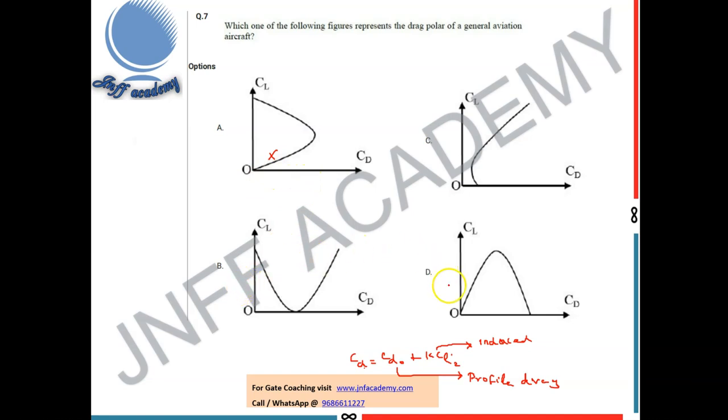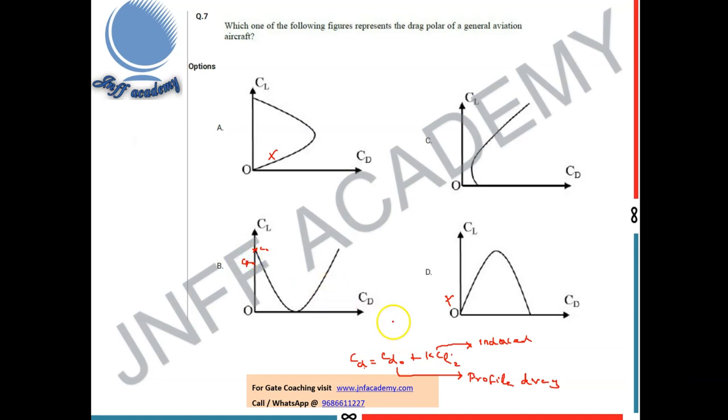Now if you come to option D, that is also wrong. At this point the graph is at the origin, where CL and CD look to be 0. That's also wrong. Now coming to option B, here it is clearly telling that there is some CL value, but at that corresponding CL value, the CD value is 0.